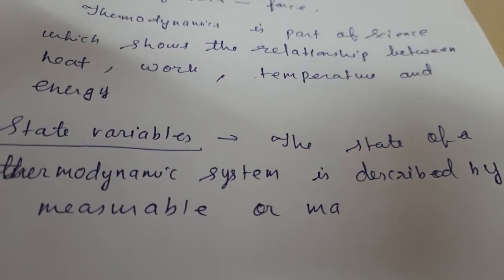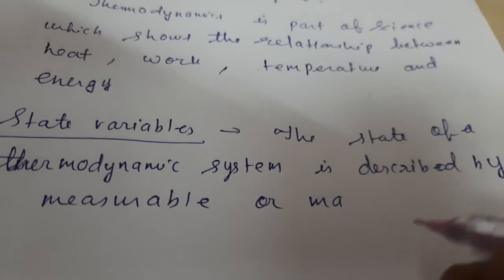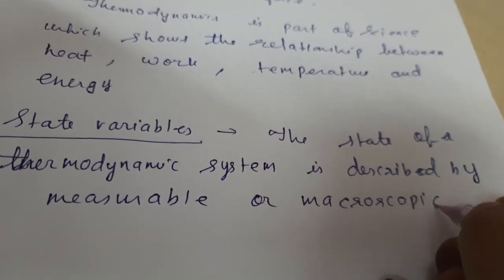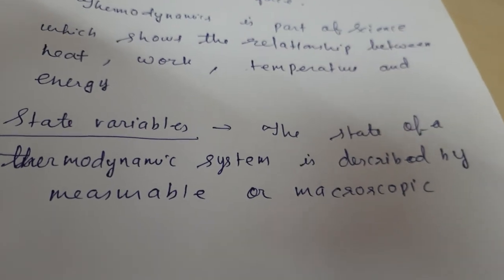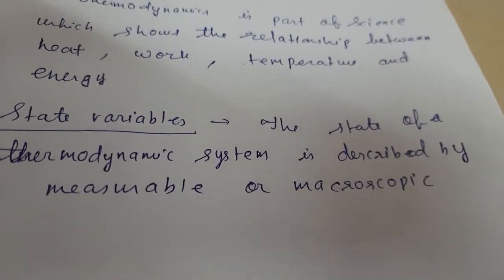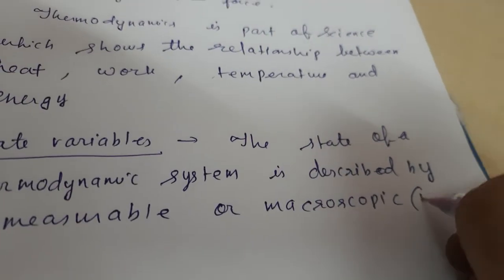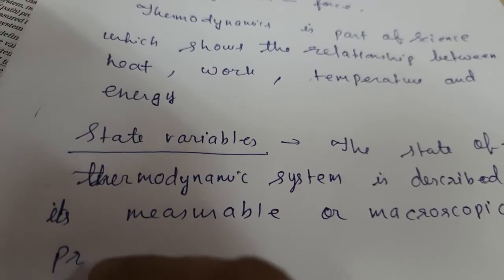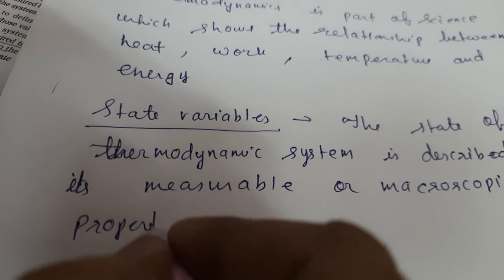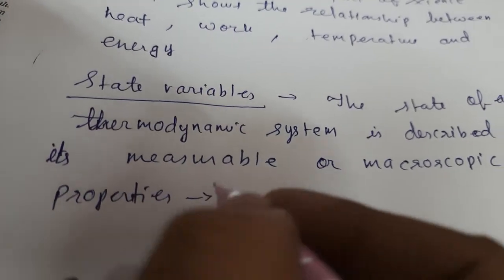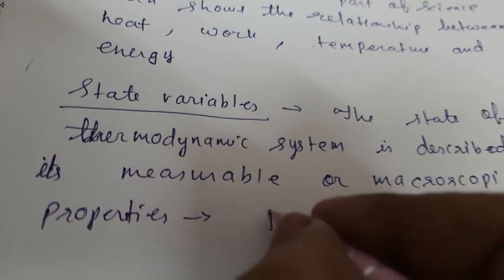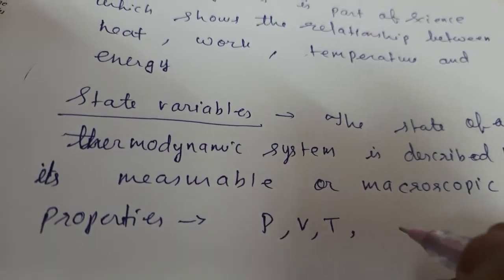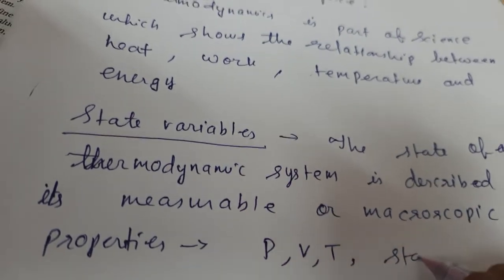Microscopic is very tiny which we cannot see through naked eyes, and macroscopic यानी bulk properties है ना, measurable और macroscopic properties. Bulk क्यों समझ में आया? Bulk because big है ना, bulk properties. Examples are same. Pressure, volume, P, V, T are called state functions, state variables.